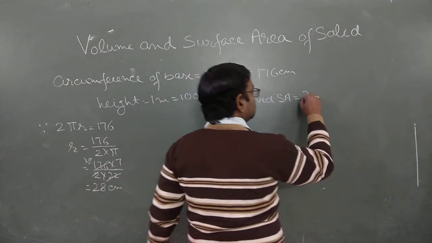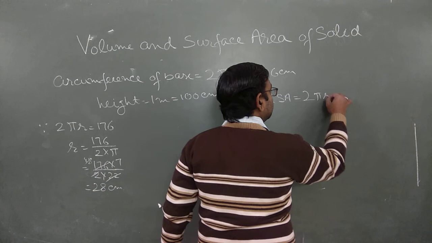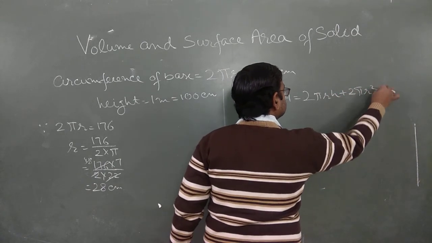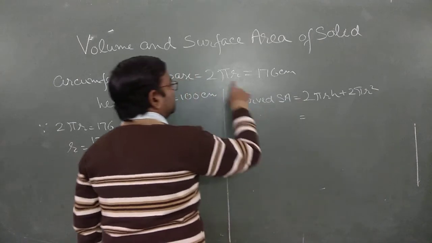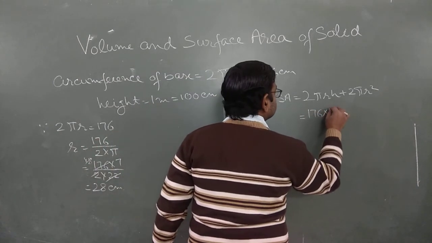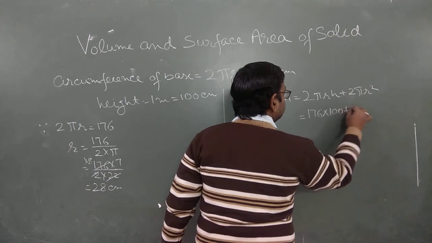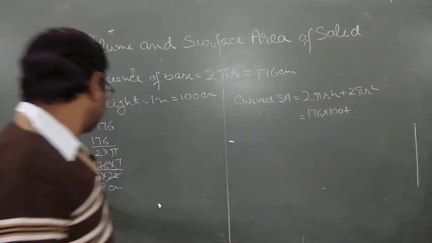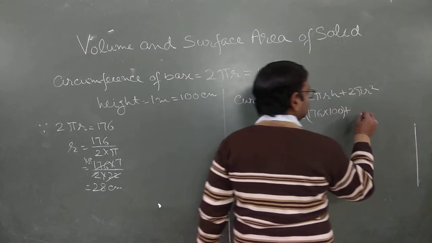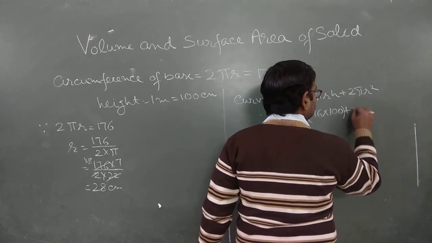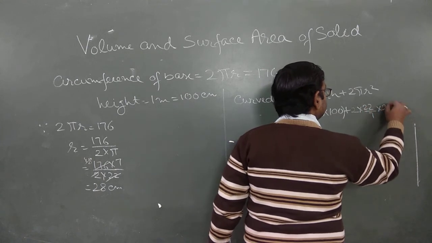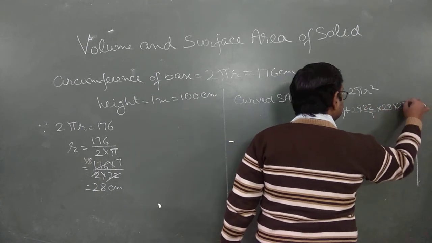It's 2 pi r h plus 2 pi r square. 2 pi r is given to us, it's 176. Height is given to us, it's 100, plus. Here we have r 28, so we can easily find 2 into 22 upon 7 into 28 into 28.